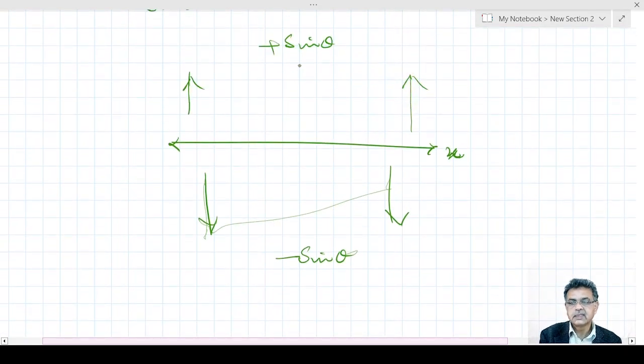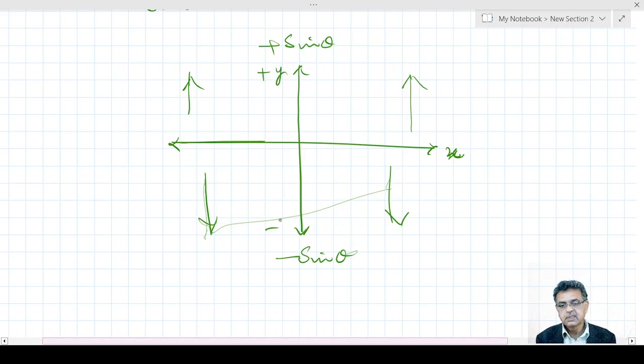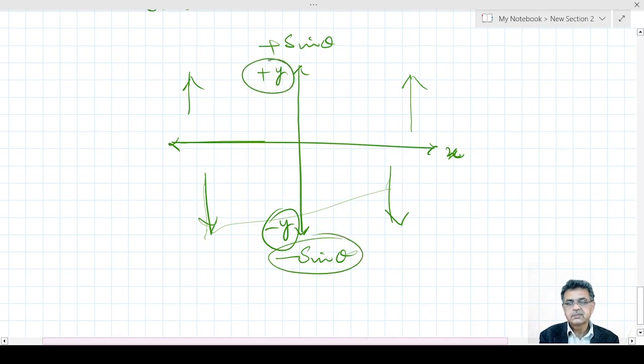Then I said that where y is positive, you can see that above this line y is positive and below this line y is negative. Where y is negative, the sign is negative. Where y is positive, the sign is positive.